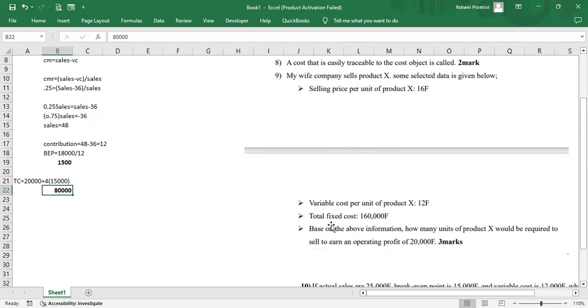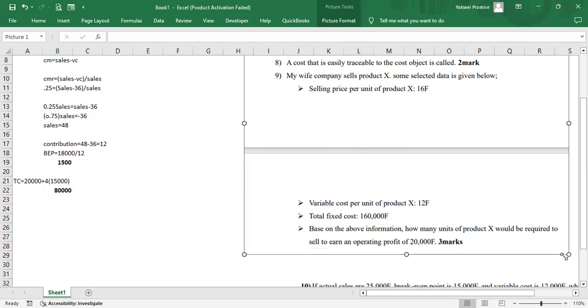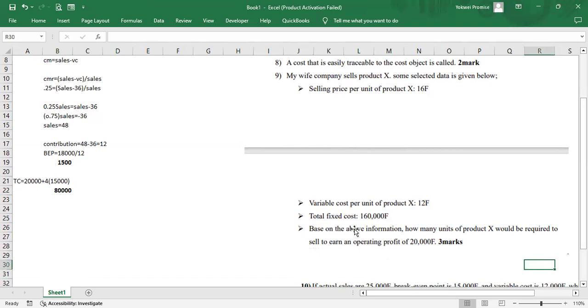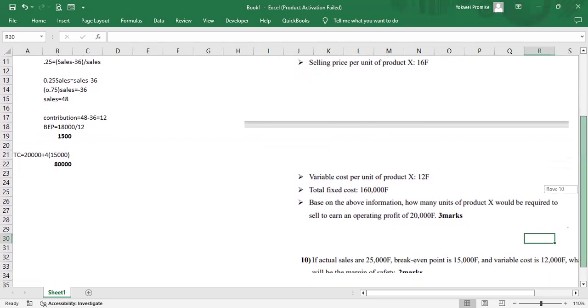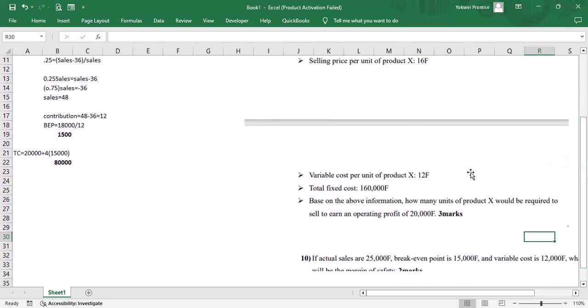They are saying that based on the above information, how many units of product X would be required to sell to earn an operating profit of 20,000 francs? Are we together? Yes, sir.